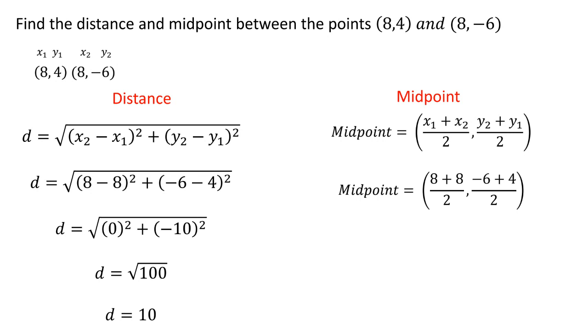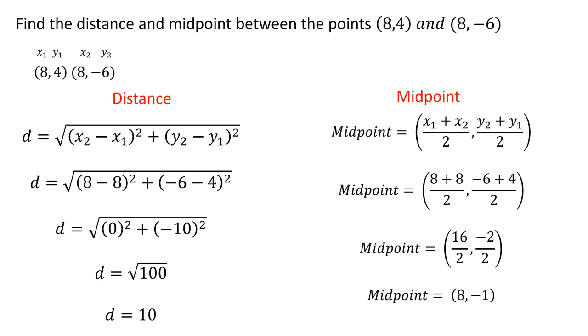We have (8 plus 8) divided by 2, and (-6 plus 4) divided by 2. We simplify. 8 plus 8 is 16 divided by 2, and -6 plus 4 is -2 divided by 2. We can simplify further: 16 divided by 2 is 8, and -2 divided by 2 is -1. So the midpoint between these two points is 8, -1.